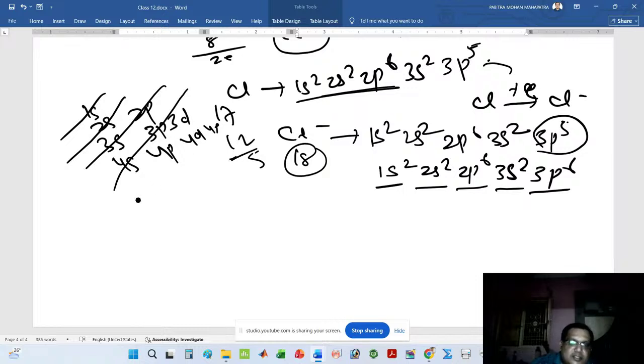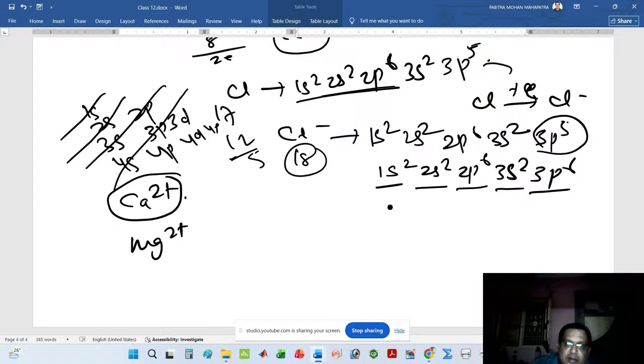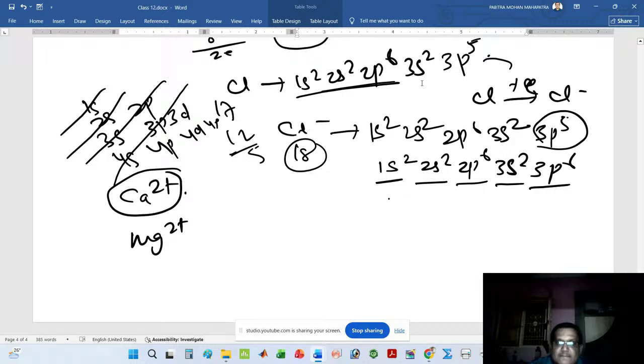Think about calcium, Ca2 plus. How will you draw it? Think about Mg2 plus. How will you draw it? Before going to the electron configuration of the ion, think about the atom first. Calcium has atomic number 20.